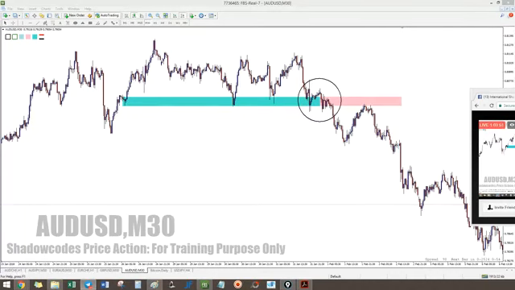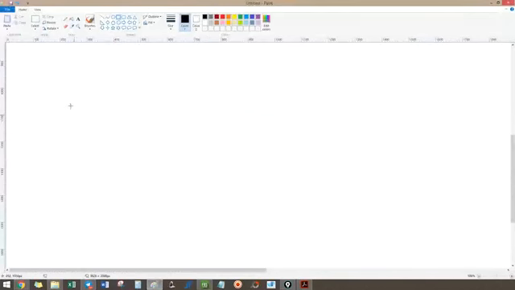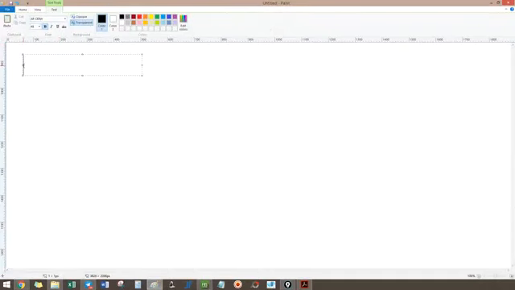It's like support becoming resistance, resistance becoming support. Now in supply and demand trading, this is the theory. The SNR trader will call it role reversal.